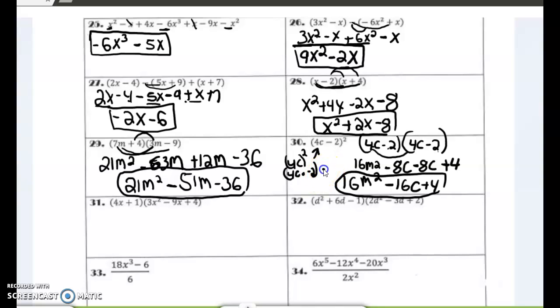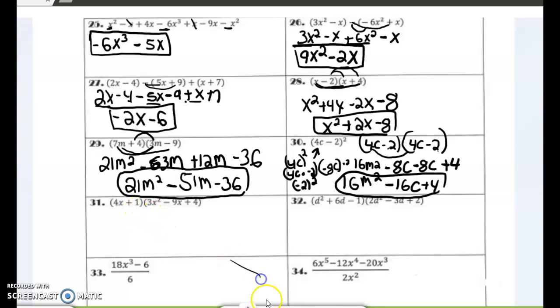So that would be negative 8c doubled, or times 2, which would give me the middle term. Then I take negative 2 squared, and that gives me the positive 4. If you forget the shortcut, just go ahead and do it the longer way. All right, let's see if we can get through these next two.